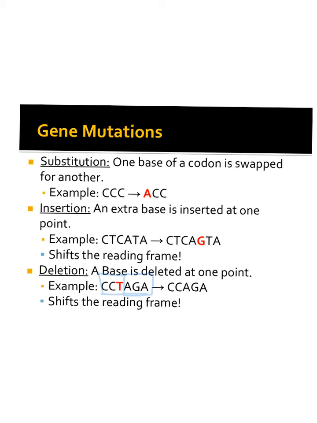However, upon a deletion, we are going to affect the codon in which the deletion occurs and everything downstream from that mutation. So very important here, these last two, frame shift mutations, shifting the reading frame downstream from the mutation. Very dangerous, as these can result in a protein that is unable to perform its normal function.